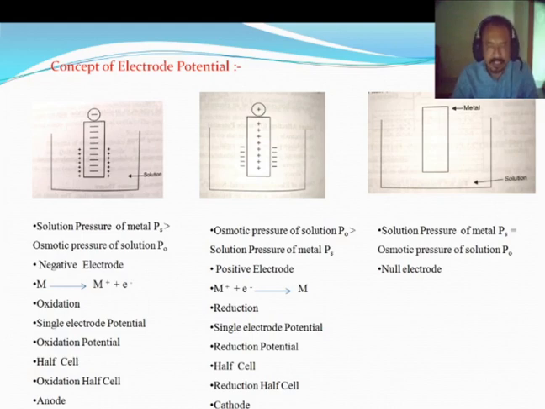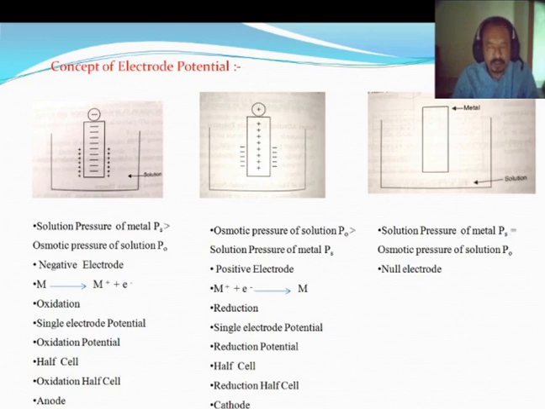Again, this is a single electrode in which the metal is placed in the metal ion solution, hence it is a half cell, but reduction occurs, that's why it is called a reduction half cell. Due to this reduction reaction, the metal acts as a positive electrode, hence it is called a cathode.